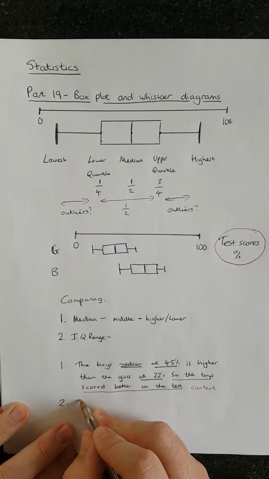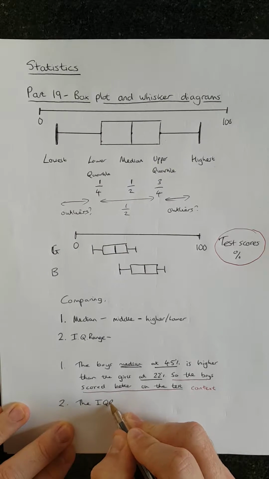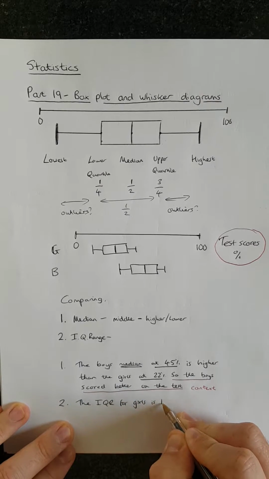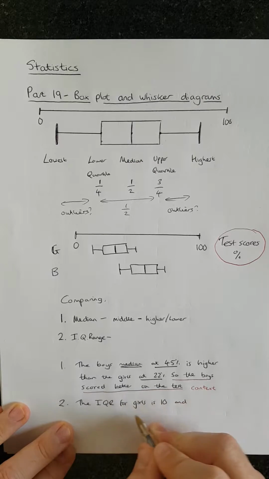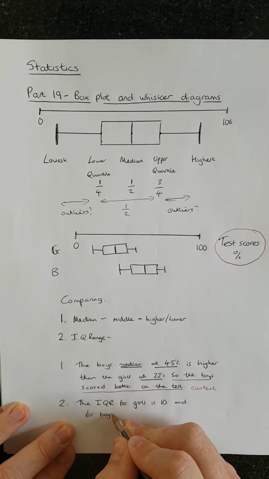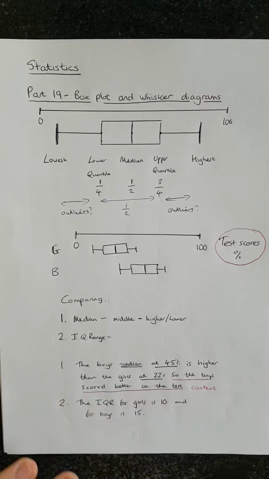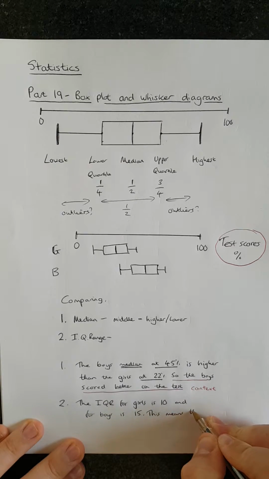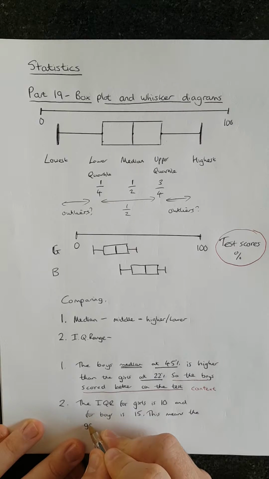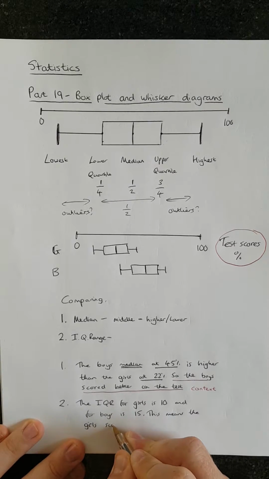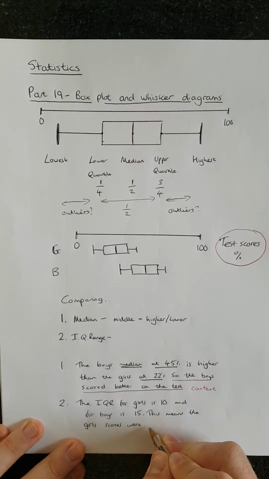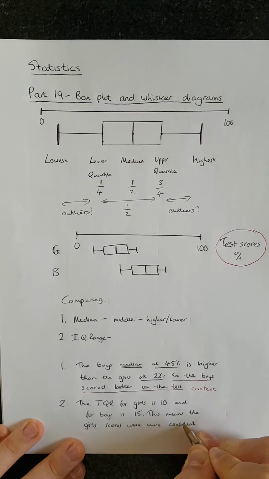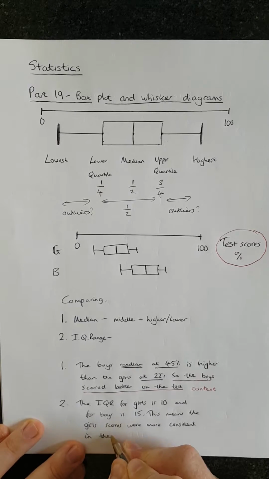So, the interquartile range for girls is 10, and for boys is 15. This means the girls' scores were more consistent in the test.